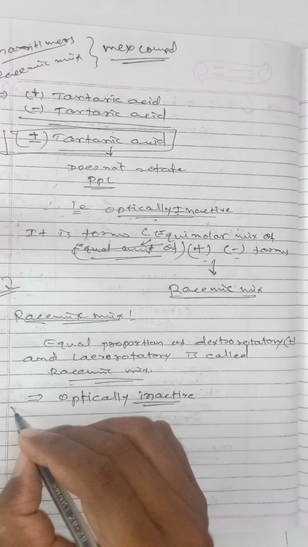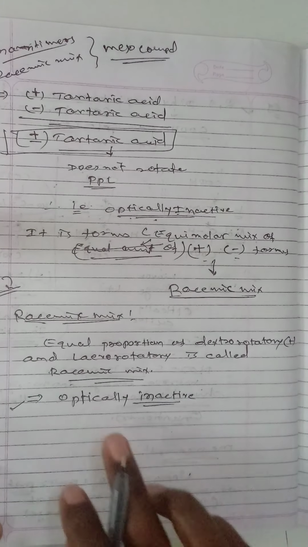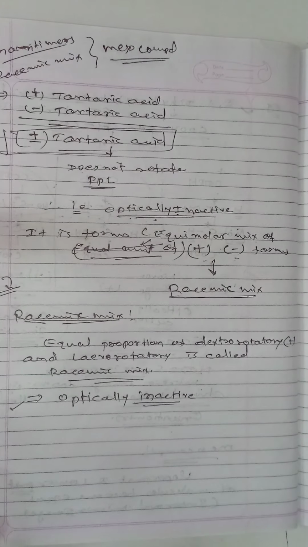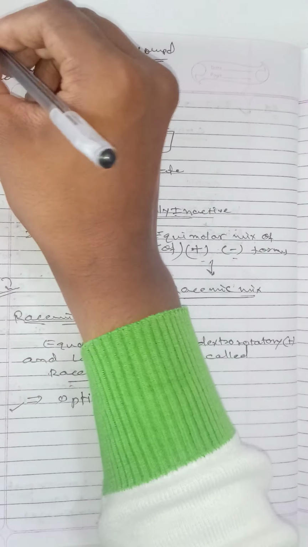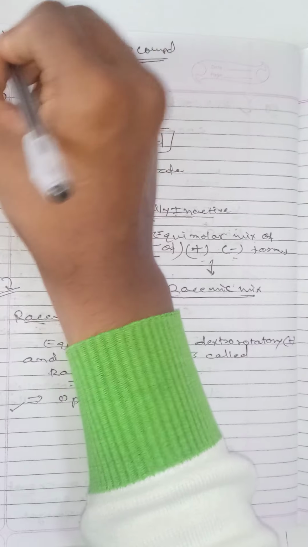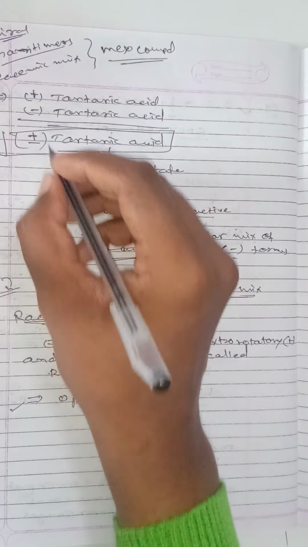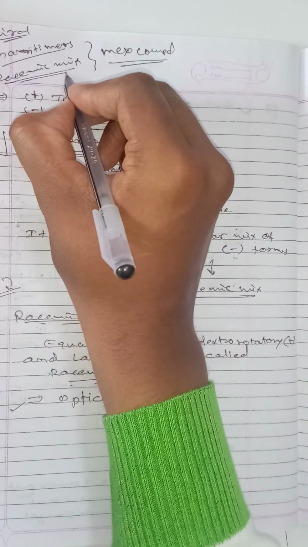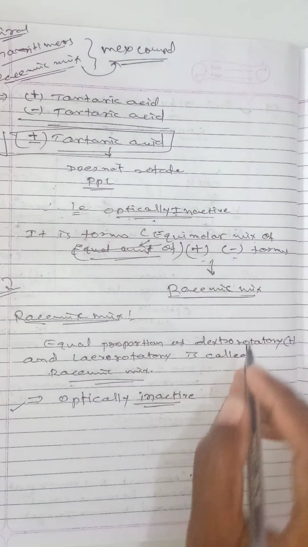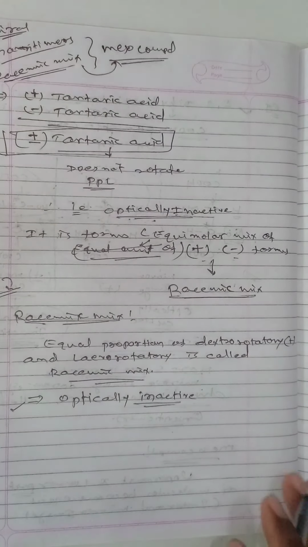So it is optically inactive. Okay, so this covers chiral molecule, then enantiomers, then racemic mixture and meso compound.